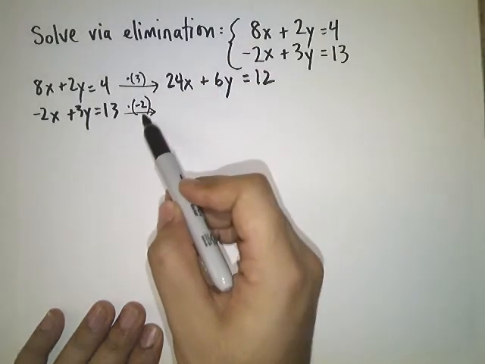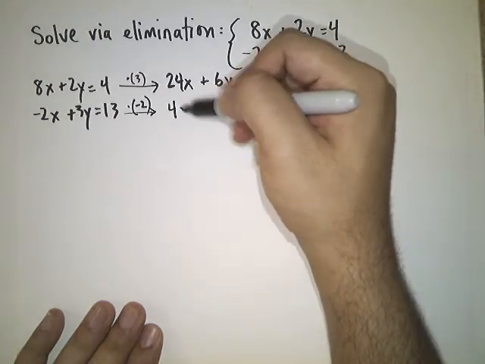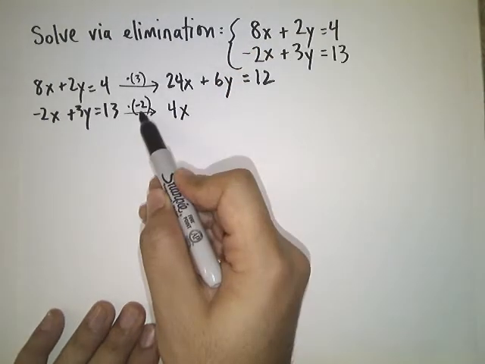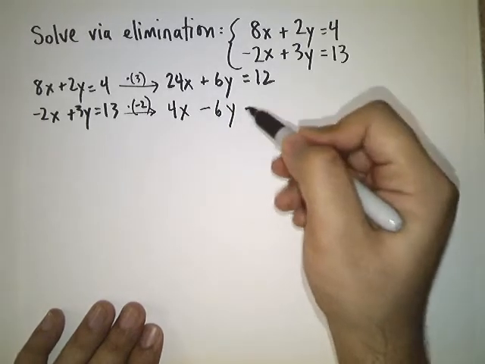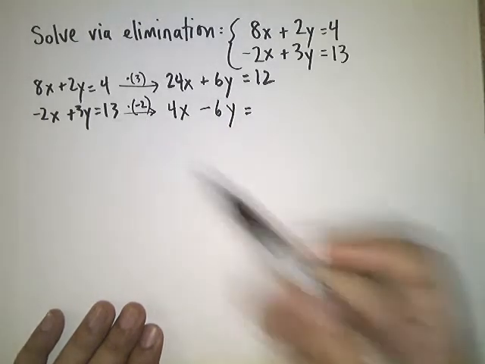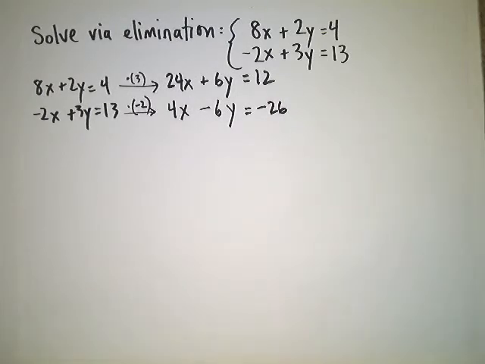Okay, so negative 2 times negative 2x is going to give you positive 4x. Negative 2 times 3y will give you negative 6y. And negative 2 times 13 will give you negative 26. So let's go ahead, add these equations up.